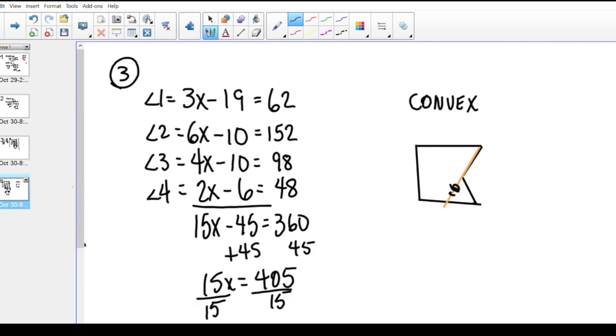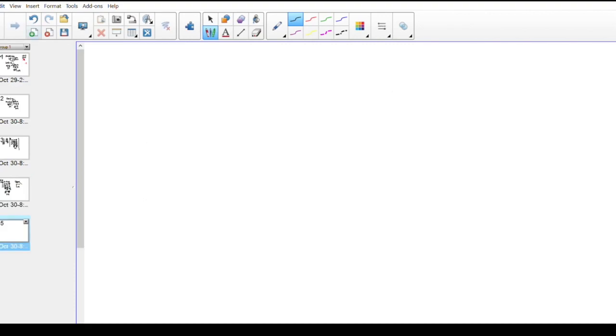So a convex is where nobody's kicked it in, bent it in, as you might say. A convex means you go down one side, you don't touch the other side. You're like a boundary. Okay? I hope you caught on to that. That's what convex means.